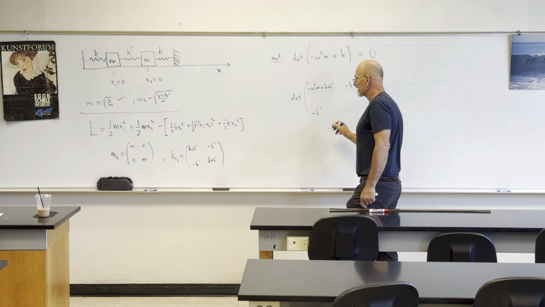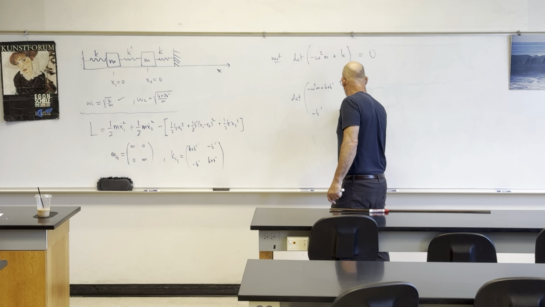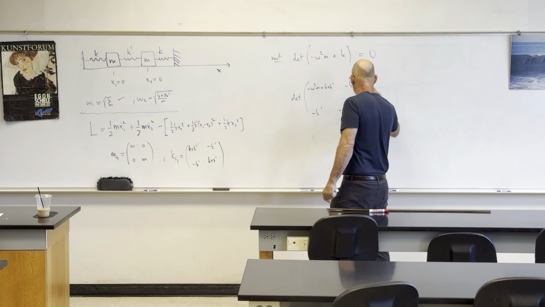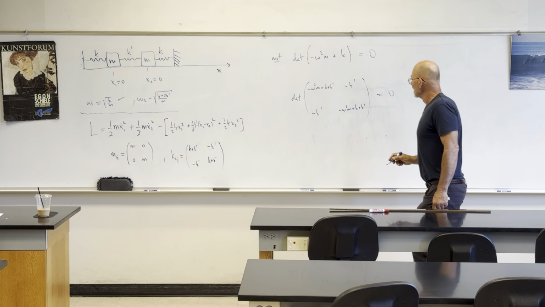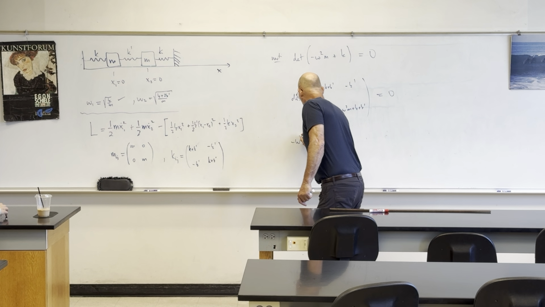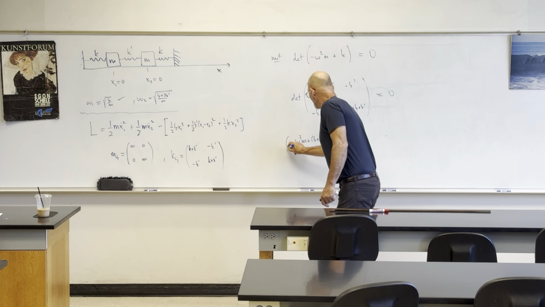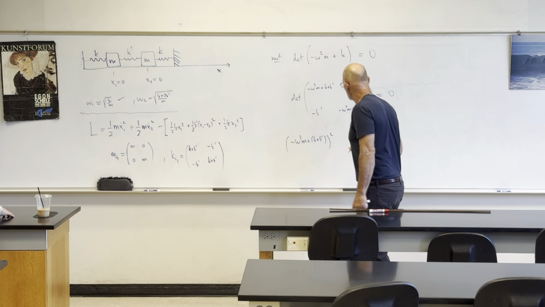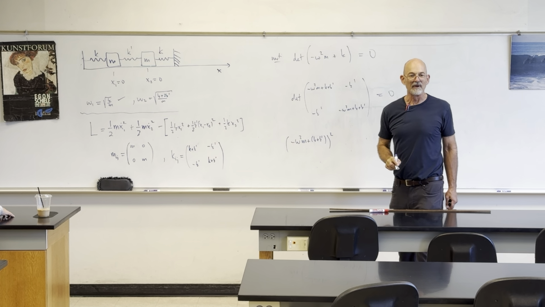And then I have negative omega squared m plus k prime. So that determinant is equal to 0. And you can see these are the same, so I'm going to write negative omega squared m plus k prime, put parentheses around here, squared, minus, these cancel, k prime squared equals 0, right?